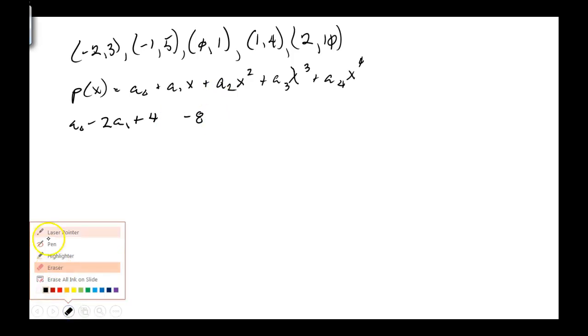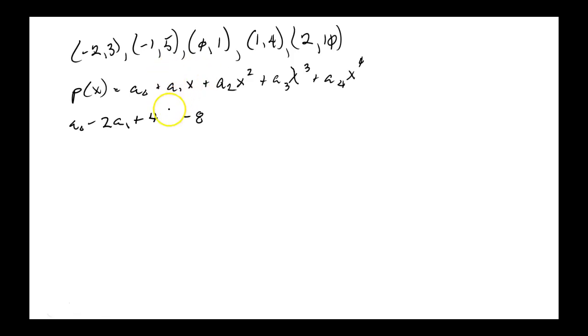We're plugging in the value for x, and that leaves the a values. So that would be plus 4a2, because the x is minus 2 squared, which is plus 4, times a2. X cubed, that's minus 2 cubed, is minus 8 a3, plus 16 a4.